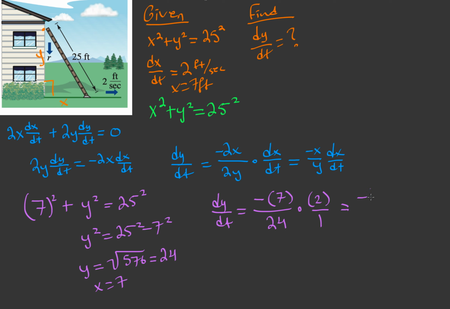This gives us negative 14 over 24, which simplifies to negative 7 over 12 feet per second. So as x moves away at 2 feet per second, our y coordinate is changing at negative 7 over 12 feet per second. So that is part A for you.